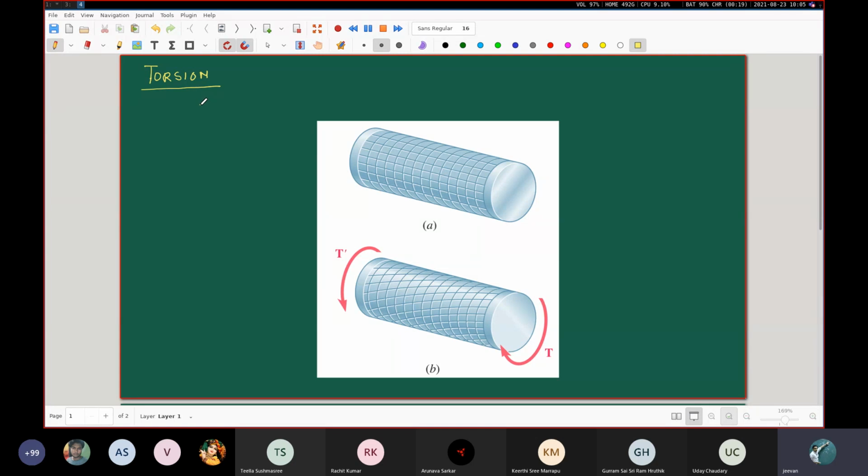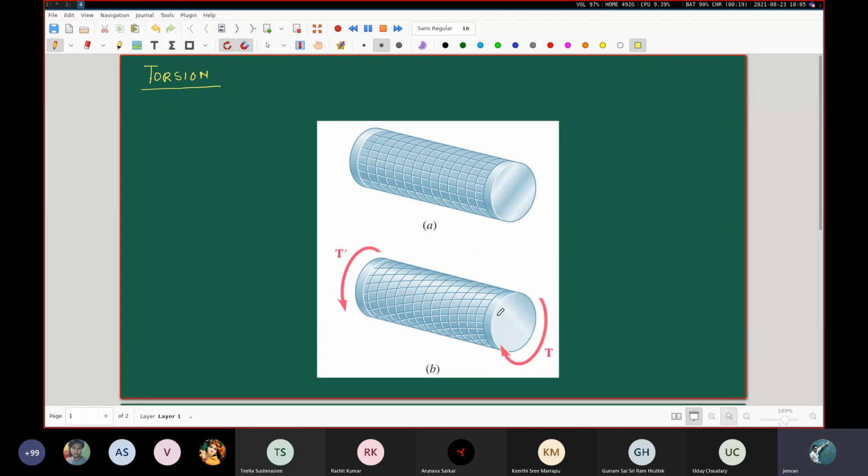Shaft means like you have a stick, a rod, or a beam on which at the ends, if you apply some kind of twisting action, which is very well represented here, as you can see, there is a T dash torque which is applied at one end and a counterbalancing T which is applied at the other end. As a result of which the whole thing deforms in this twisting kind of pattern.